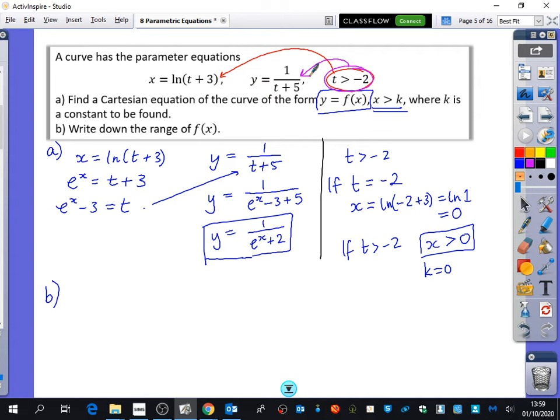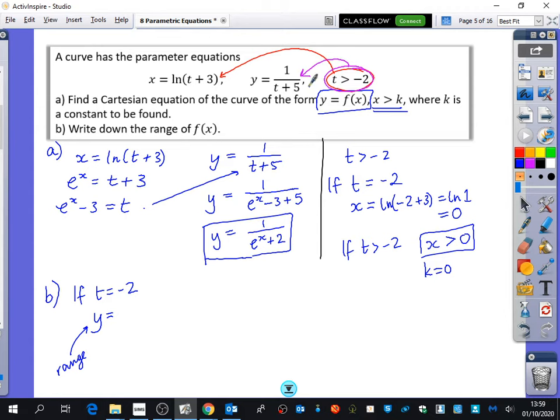You need to think to yourself, okay, I'm just going to see what happens if t was equal to -2, just like I did over here. And we're doing it with the y section. So if t was equal to -2, let's find out what y is, because remember, y is the range. So if t was equal to -2, what would y be equal to?